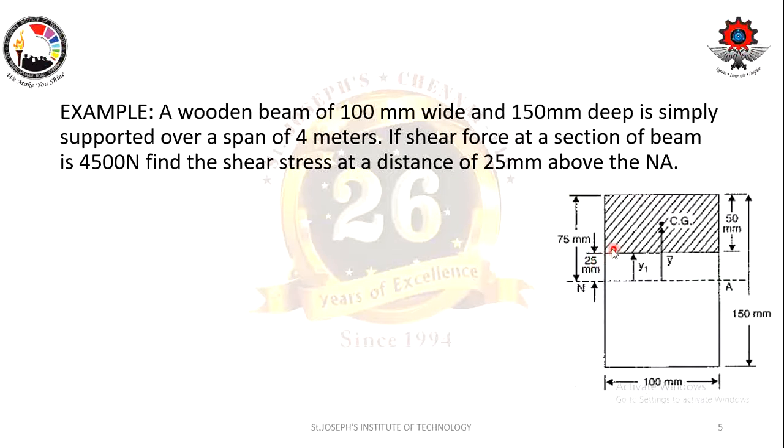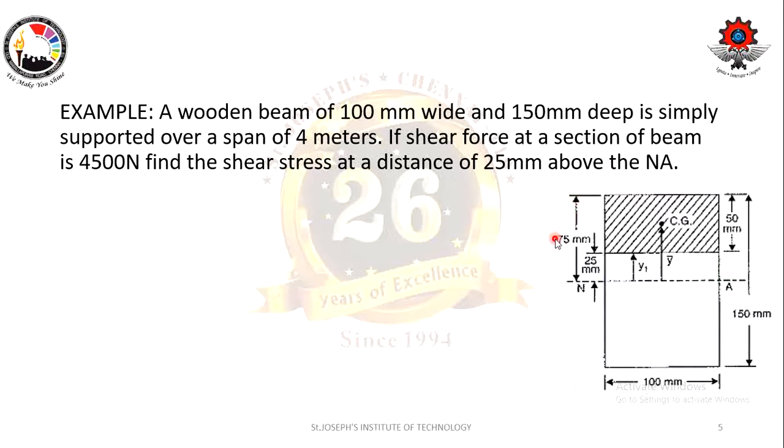So what is the area left out above this junction? If the total depth is 150, the neutral axis always lies at the symmetrical portion of this section, splitting it into two halves, 75 mm above and 75 mm below.